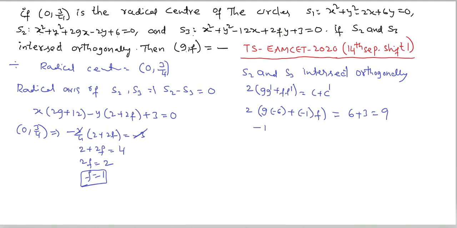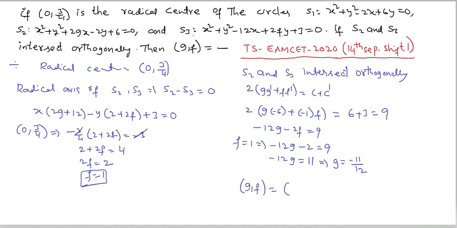Multiplying by 2, that is minus 12g minus 2f equal to 9. Substituting f is equal to 1: minus 12g minus 2 is equal to 9. Minus 12g is equal to 9 plus 2, 11. So g is equal to minus 11 by 12. Therefore g comma f is equal to minus 11 by 12 comma 1.